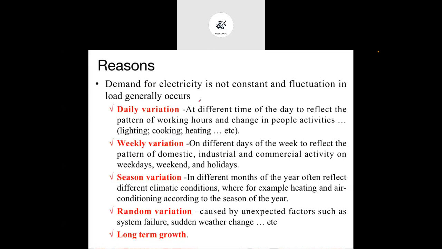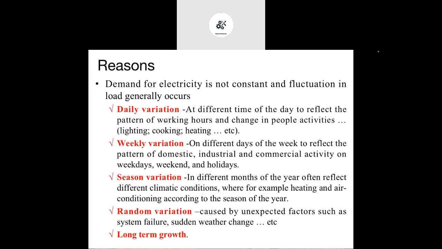Again, this variation may happen daily, weekly, seasonally, it may be a random variation, or it may be a long-term growth. Daily variation is because of the use of different appliances, during the morning time and during the evening time, because of lighting loads, cooking, heating, etc. So there is a high energy requirement during the evening or the morning time.